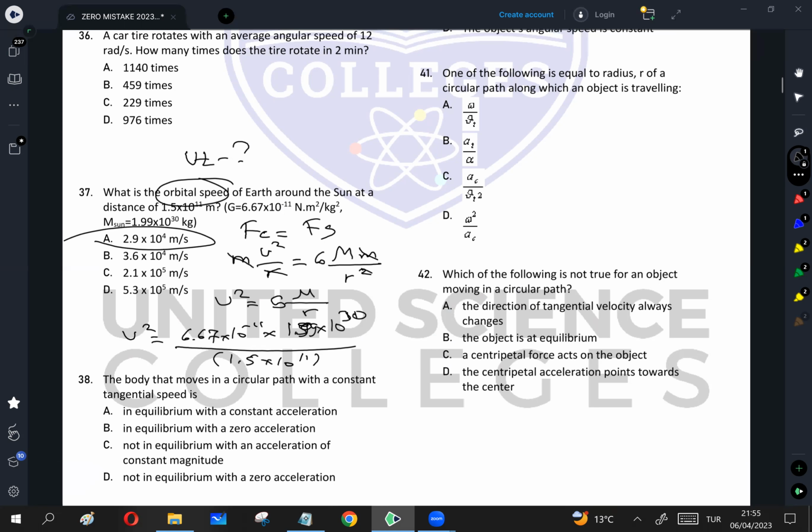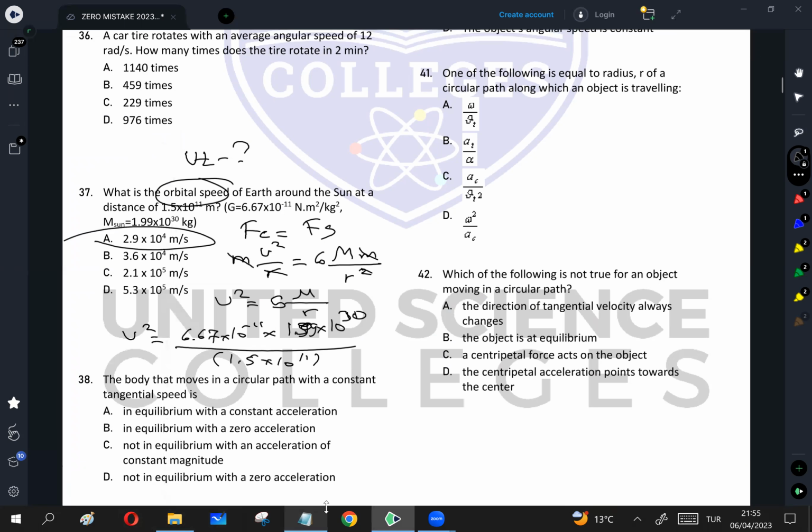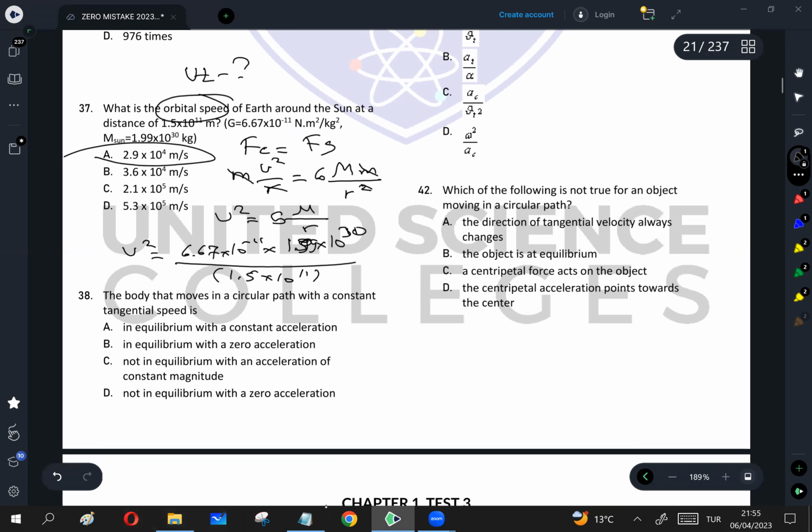Question 37 is this. Now 38. The body that moves in a circular path with constant tangential speed has a_c, and constant tangential speed means a_t is zero. In equilibrium? First we should know if there's an acceleration, a_c or a_t. No equilibrium. So in equilibrium is not the answer.